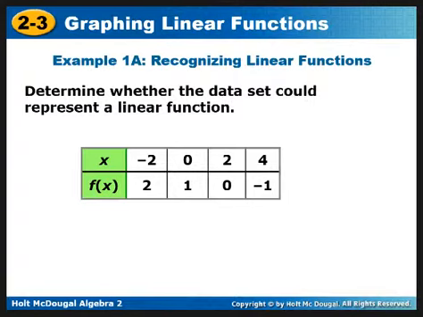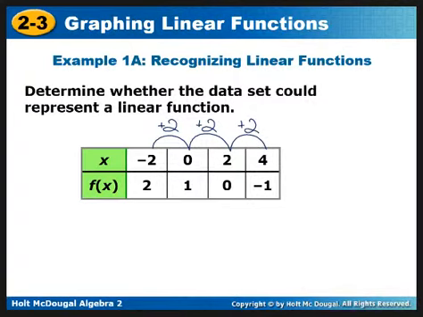So here's an example where we're given input values versus output values, and we need to determine whether or not these values represent a linear function. So just like the example with the hurricane, I'm going to take a look at the changes between my input values. As we move over, I'm increasing by 2.